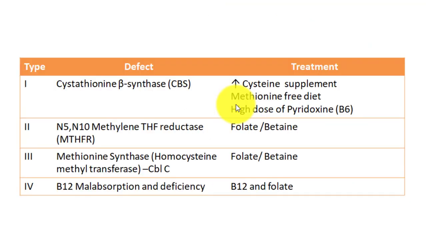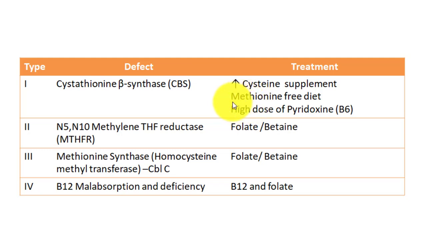Now let's see the treatment part. As we have seen, in cysteine beta synthase deficiency, there is a rise of both methionine as well as homocysteine. If both are raised, you give those patients a methionine-free diet. Methionine will always be there in the diet and in their body in high quantity, so you avoid methionine.